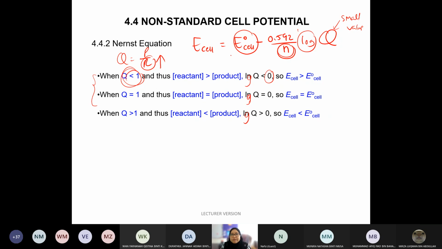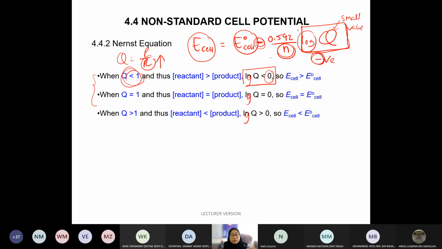So what will happen to the E cell in comparison to E naught cell? If you get a negative value here for log Q, remember we have a subtraction operation there.